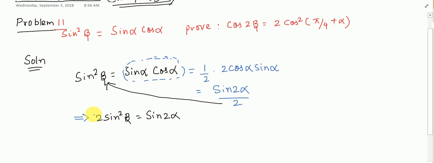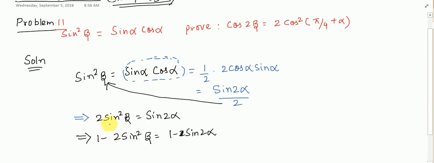So next, once I see this 2 sine square beta, I can write this same problem like this. Can I? I hope I can. So I hope everybody is understanding what I am doing. I have just written 1 minus 2 sine square beta is equal to 1 minus sine 2 alpha.